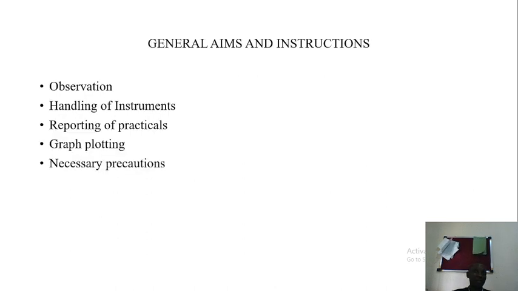You know, in your Physics 117, you were told that there are key things you observe when you get to the lab. Principally observation, handling of instrument, reporting of your results, and then graph plotting.